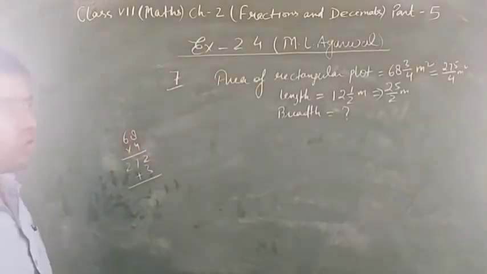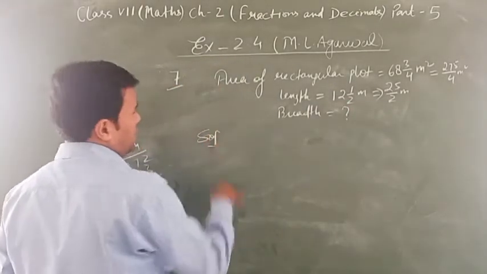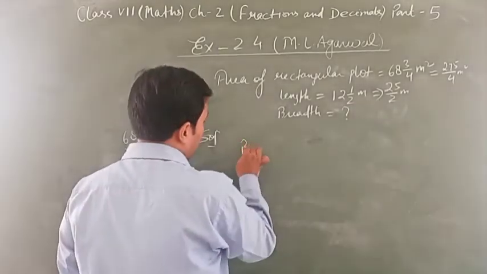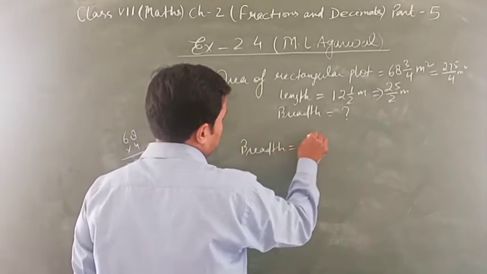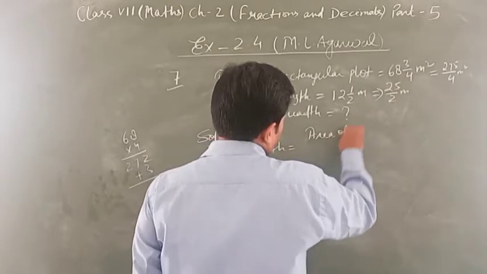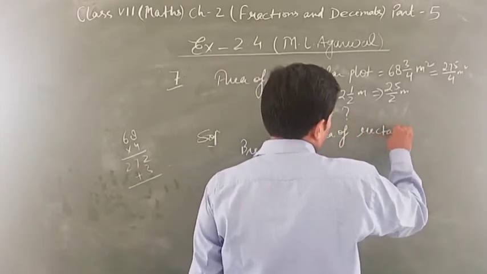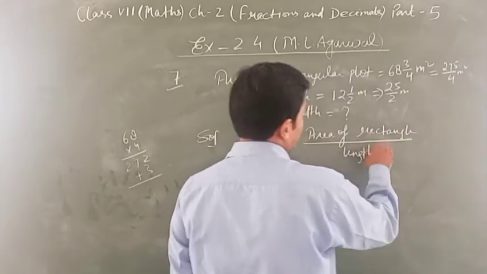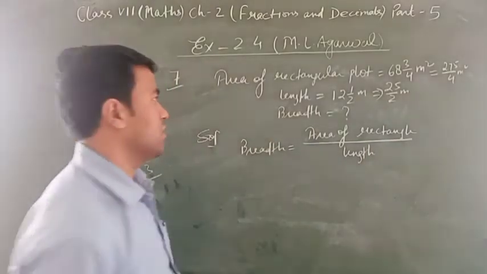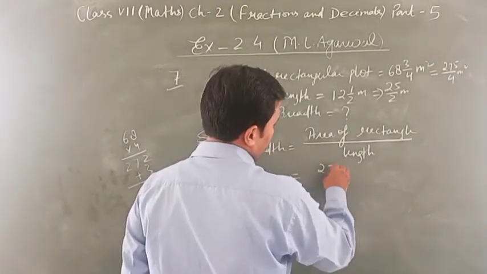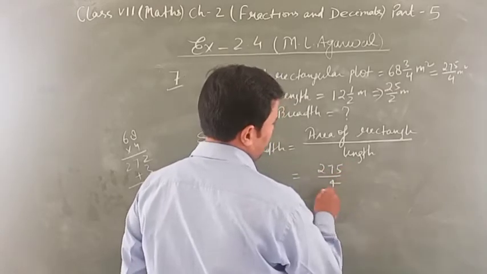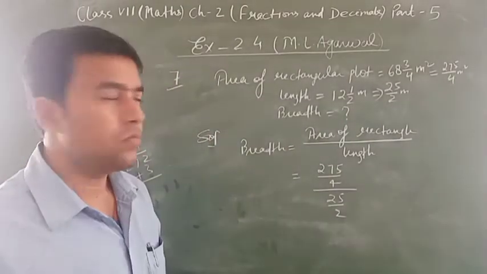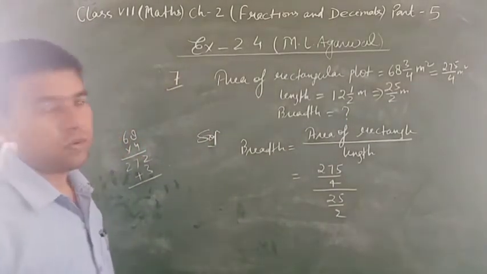Clear? So I told you the formula. If area of rectangle is given and length is given, breadth is asked, you will write breadth equal to area of rectangle upon length. 275 by 4 upon 25 by 2.